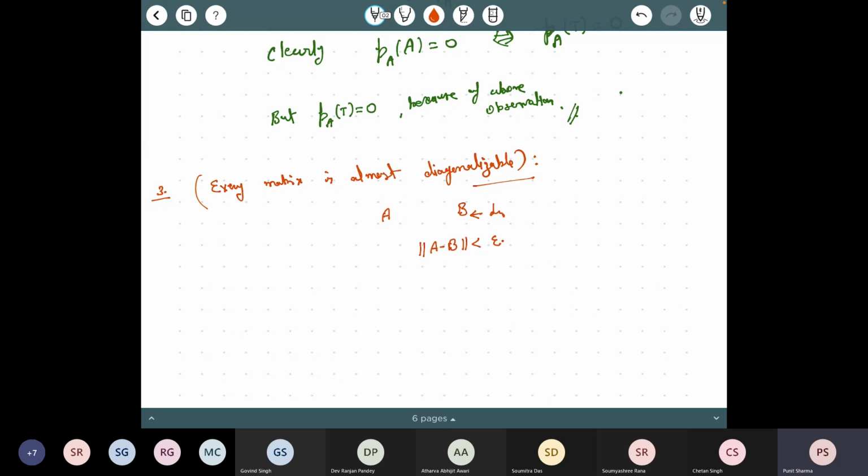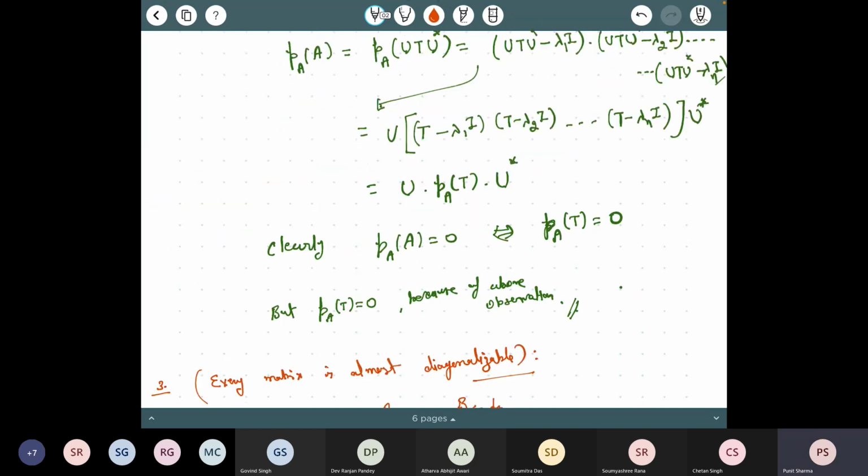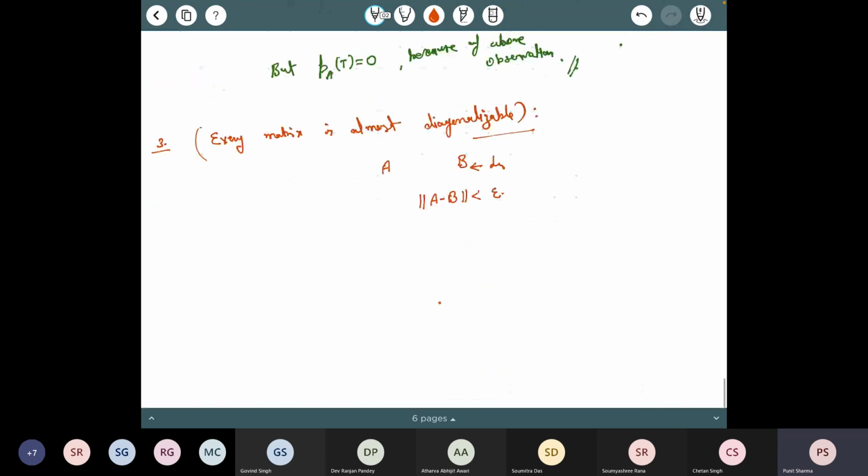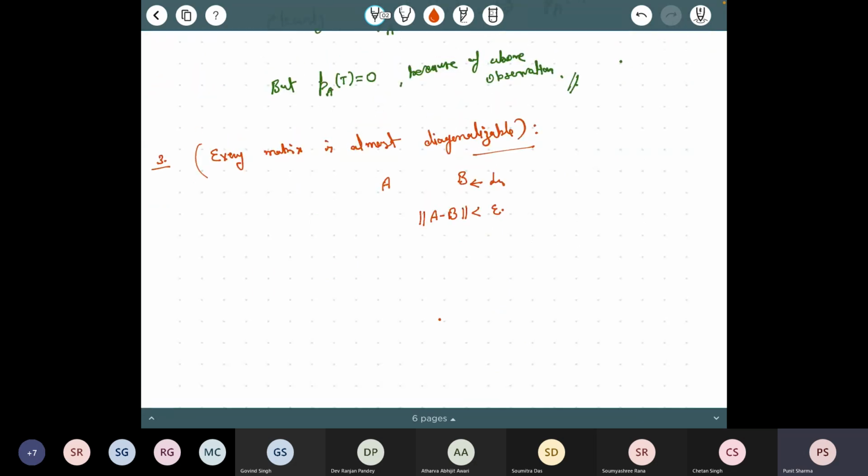So this matrix A is arbitrarily close to a diagonalizable matrix. For any given epsilon greater than 0, however small, you can always find B which is diagonalizable, such that the norm of the difference of A and B is less than epsilon. That means B is very close to A.